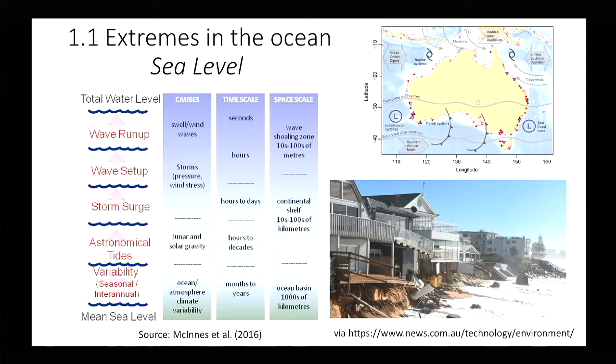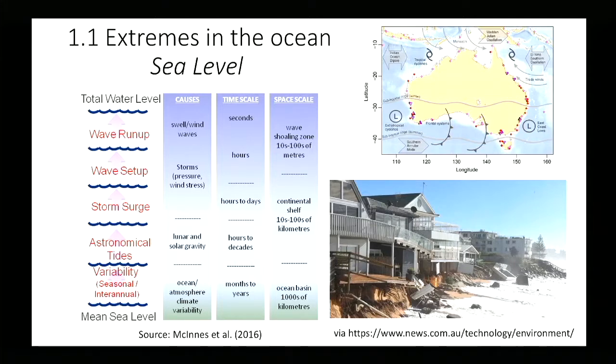The timescales of sea level change are characterised, at least in some way, by this figure by Kathy McInnes and others, where you can see that the contributing factors to sea level come, even at the longer and broader scales, from climate variability, maybe superimposed by tides, then weather events.